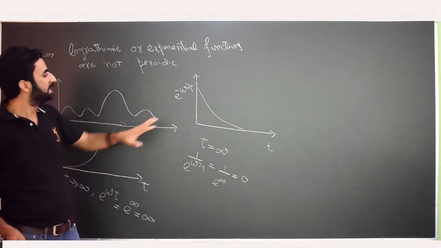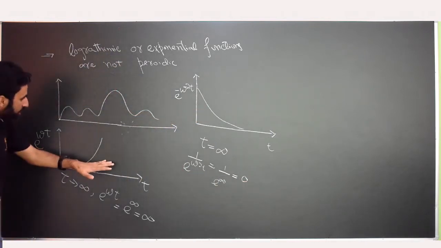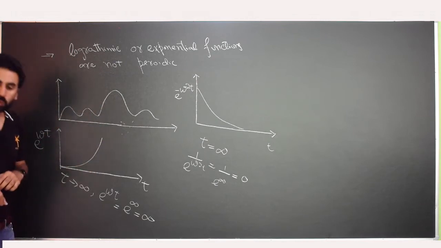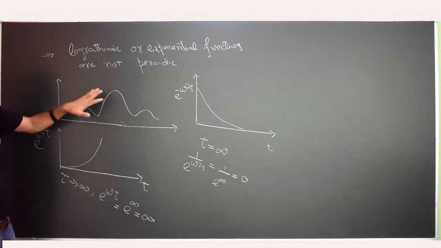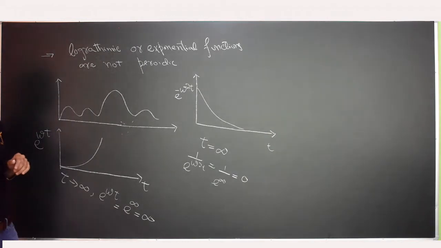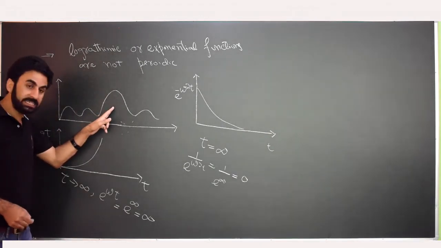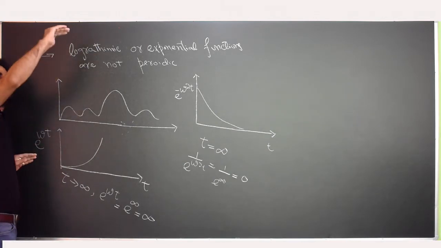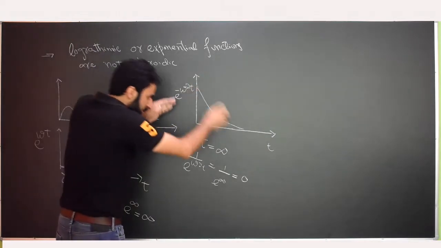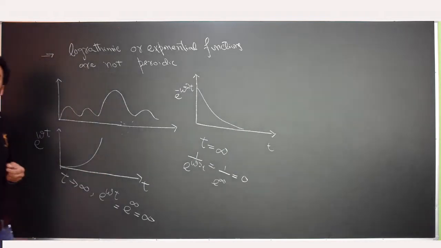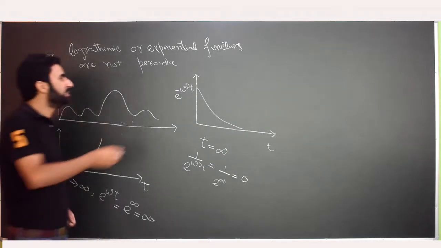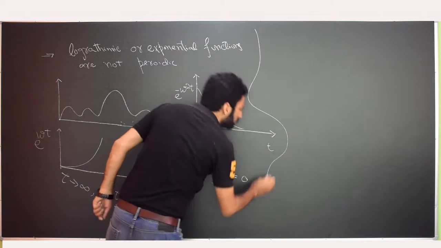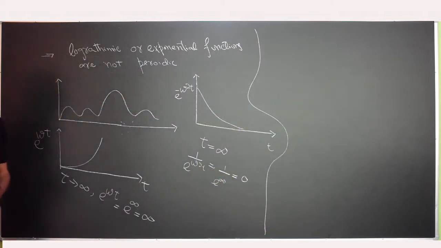Whether this function or this function, they are not periodic functions, because in the first case the value approaches infinity, and in this case it goes down to 0 and doesn't repeat itself after equal intervals of time. These functions are known as non-periodic functions.